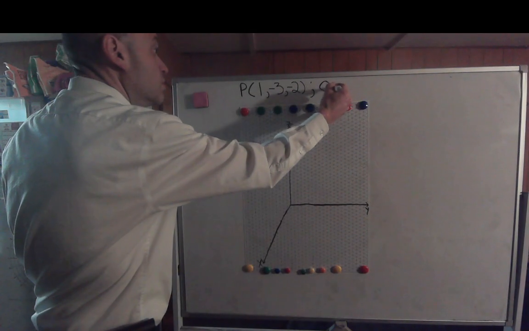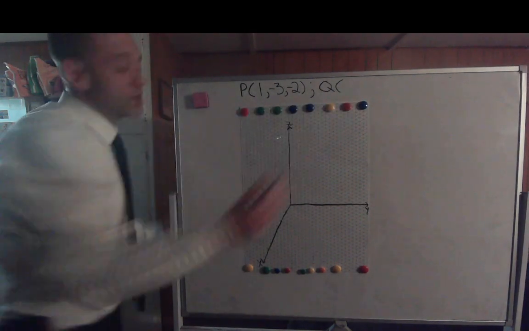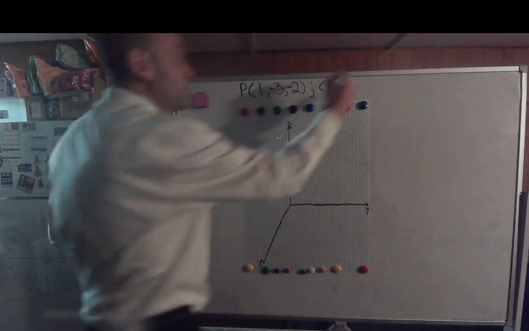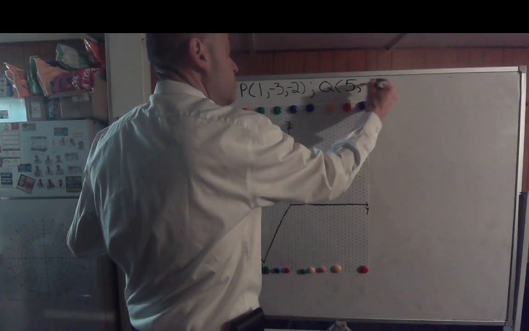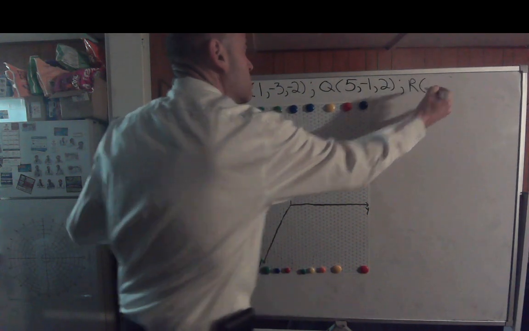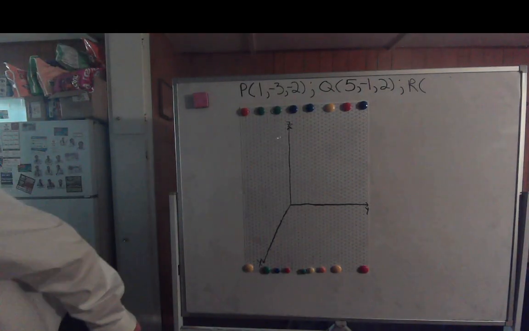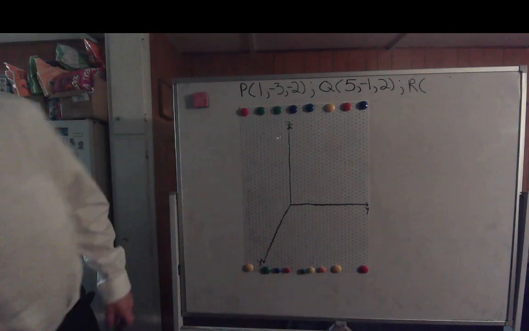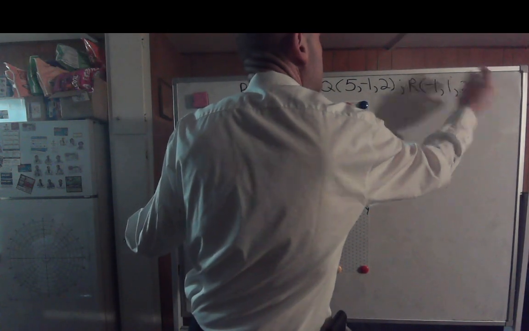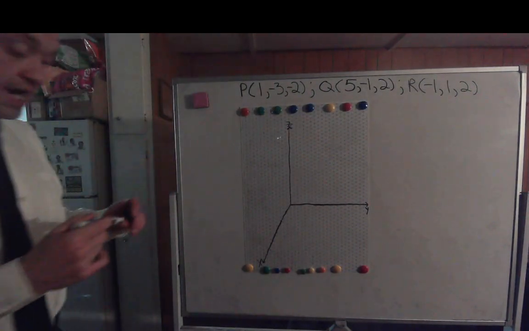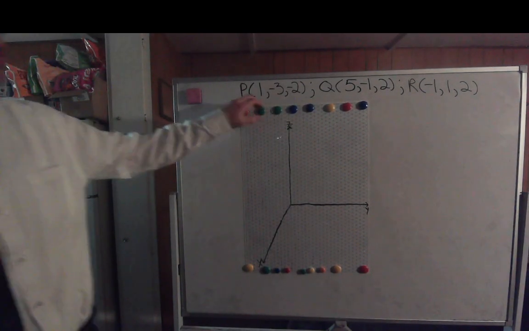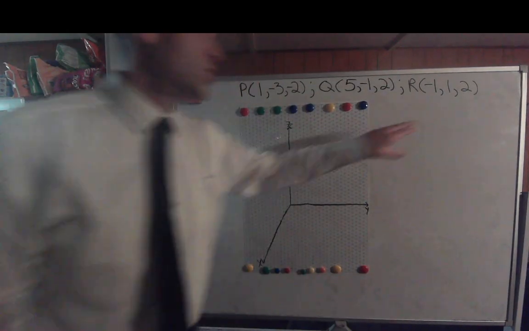Point Q has the coordinate 5, -1, 2, and then point R will have the coordinates -1, 1, 2. Alright, so we have a triangle with points P, Q, and R. These are the three vertices of the triangle.